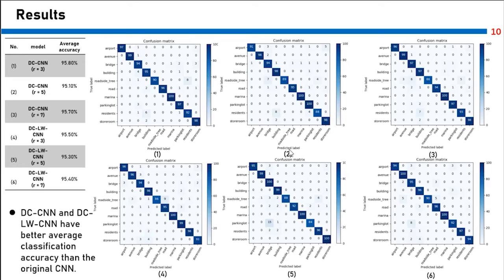The average accuracy of different DCLWCNs are 95.50%, 95.30%, 95.40%. DCCNs and DCLWCNs have better average classification accuracy than the original CNN. Each meets the precondition of large weight processing.